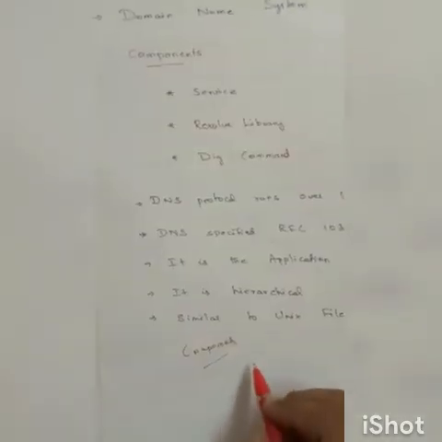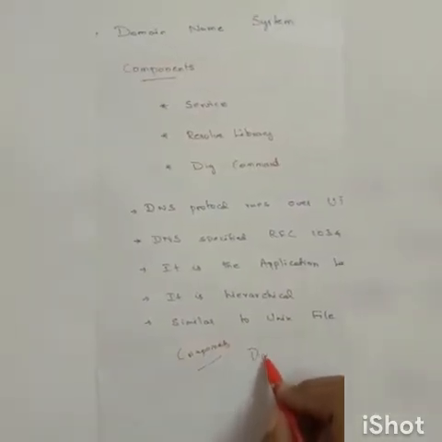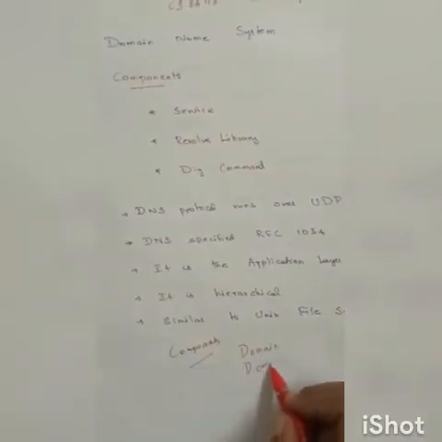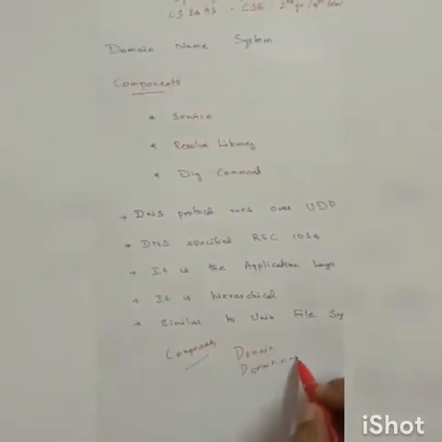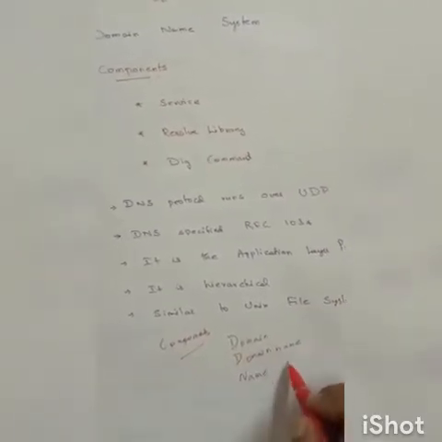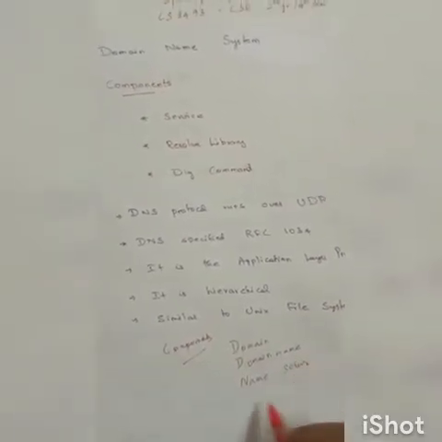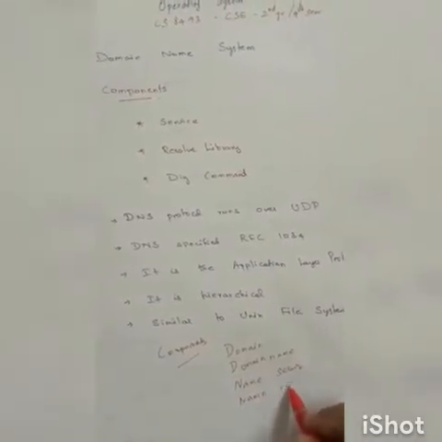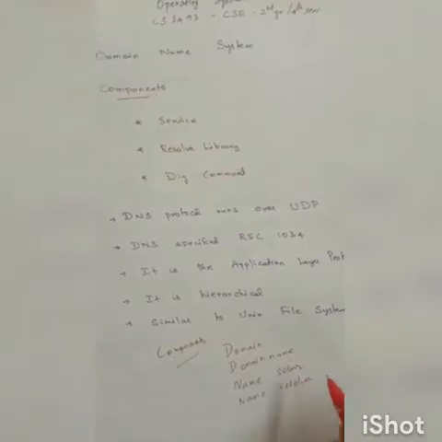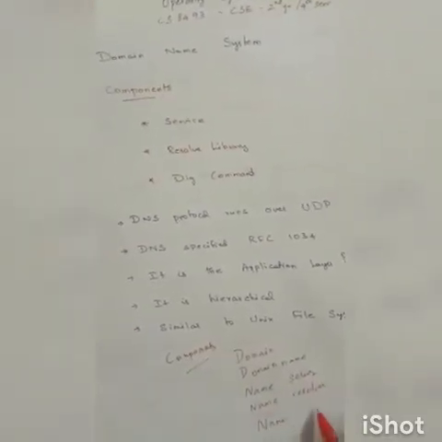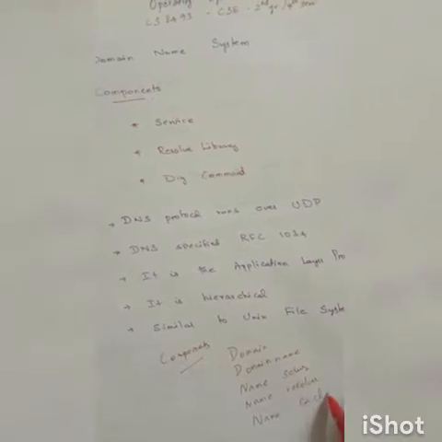These are the components of your DNS. The first one is your domain. You should have a domain, and a domain name, and you should have a name server, and then it should have a resolver. Whatever problems you have, it should be solved. So it has its own name resolver, and then its own cache memory, which is specified as name cache.